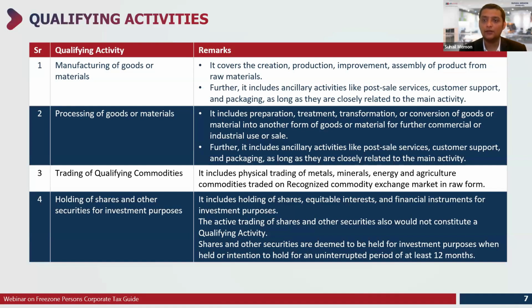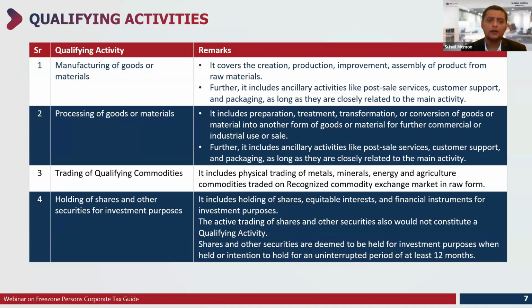Qualifying commodities include metals, minerals, energy, and agriculture commodities traded on a recognized stock exchange. It's not necessary that the recognized stock exchange be only of the UAE. You can also consider any other stock exchange and check what the qualifying commodities are. If you are trading in qualifying commodities, it's still a qualifying activity, so you can claim the benefit of 0% corporate tax, subject to all other conditions being fulfilled in the free zone.